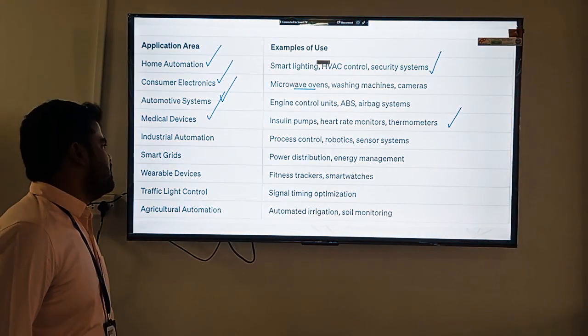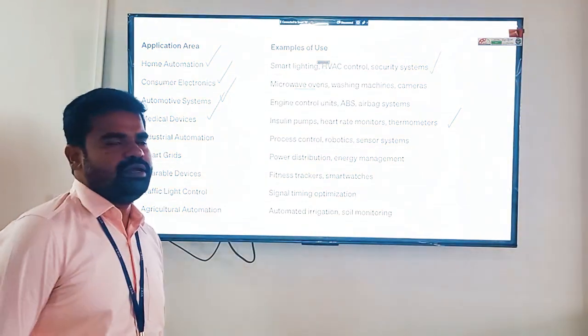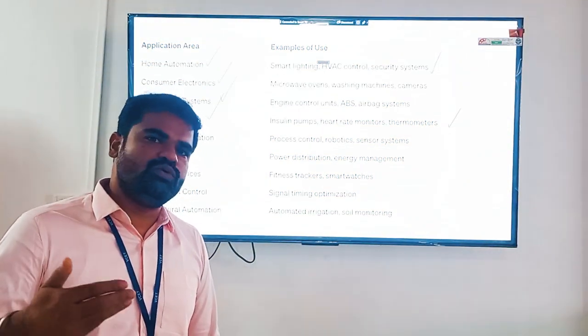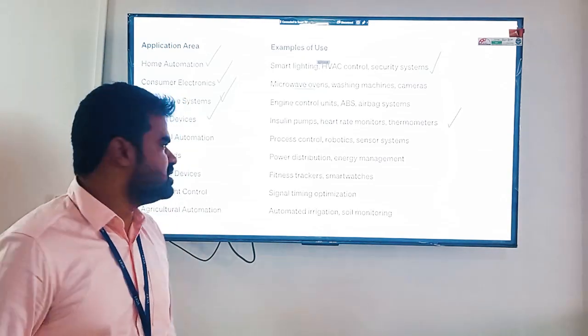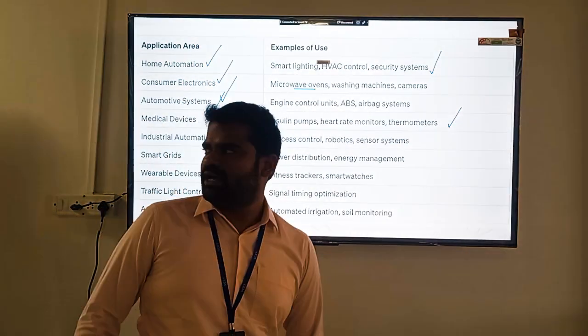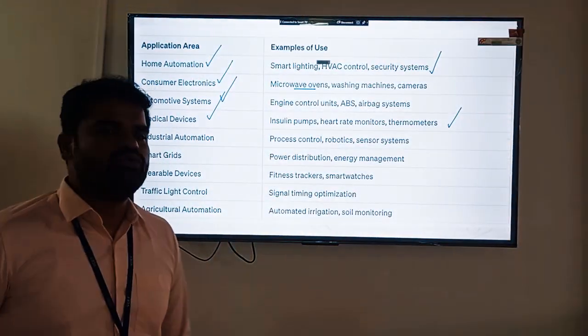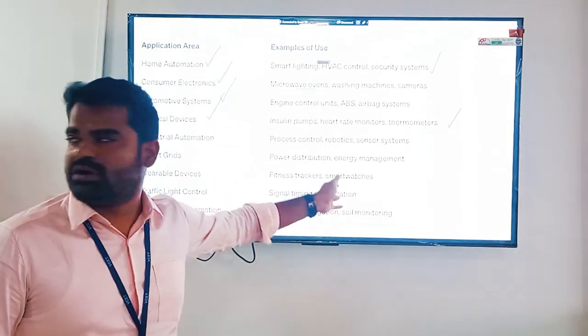Smart grids, wearable devices, fitness watches, which track your heart rate, the speed, and walkable distances, etc. Next one is traffic light control, and then agricultural automation. There it also uses the microcontroller. These are some examples or applications of microcontroller devices.